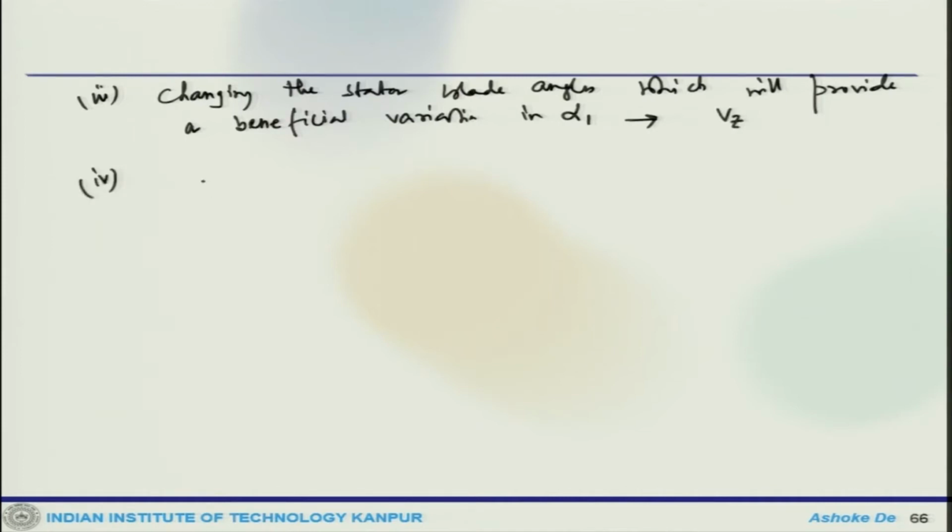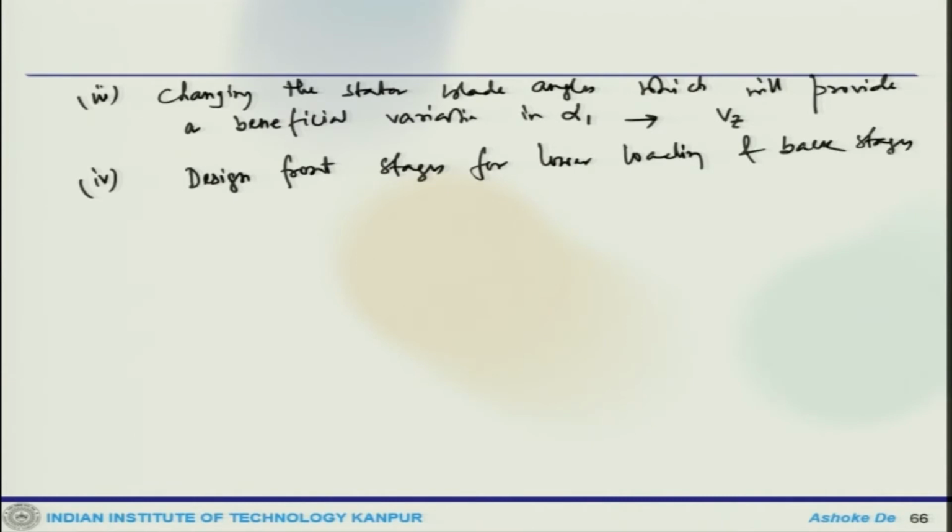Or fourth, you could design front stages for lower loading and back stages for higher loading, so you can distribute the loading pattern. The front stages are designed such that the loading is low and the back stages such that the loading is high, and if you design that way, you would probably be able to get a desired pressure rise without too many difficulties.